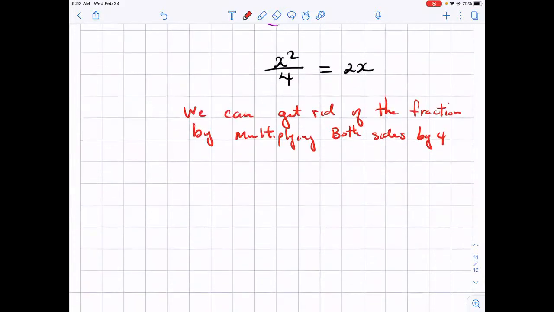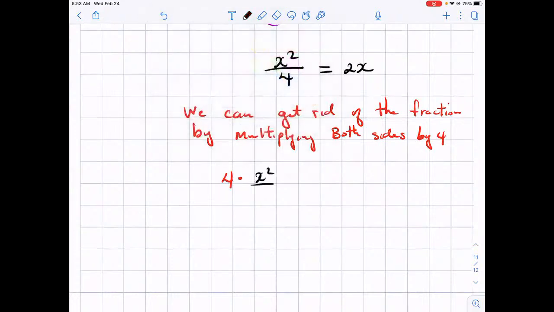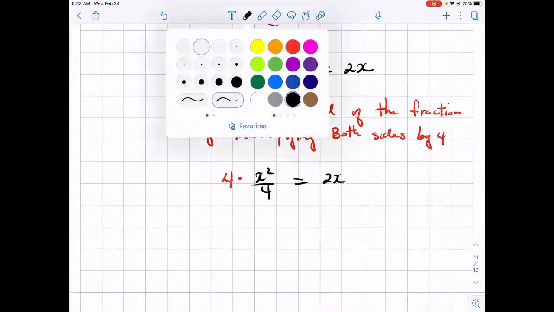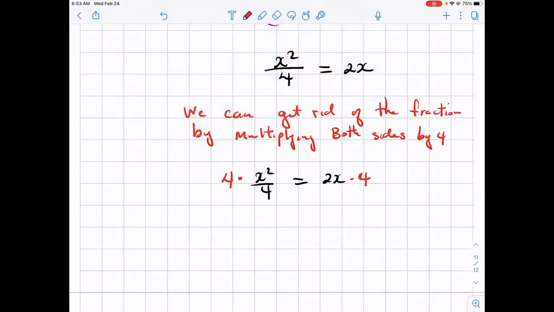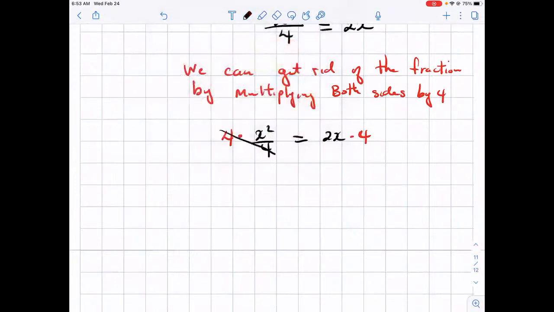So keep in mind, if you do 4 times x squared over 4 equal 2x times 4, then this eliminates or cancels, so you have x squared is equal to 8x.